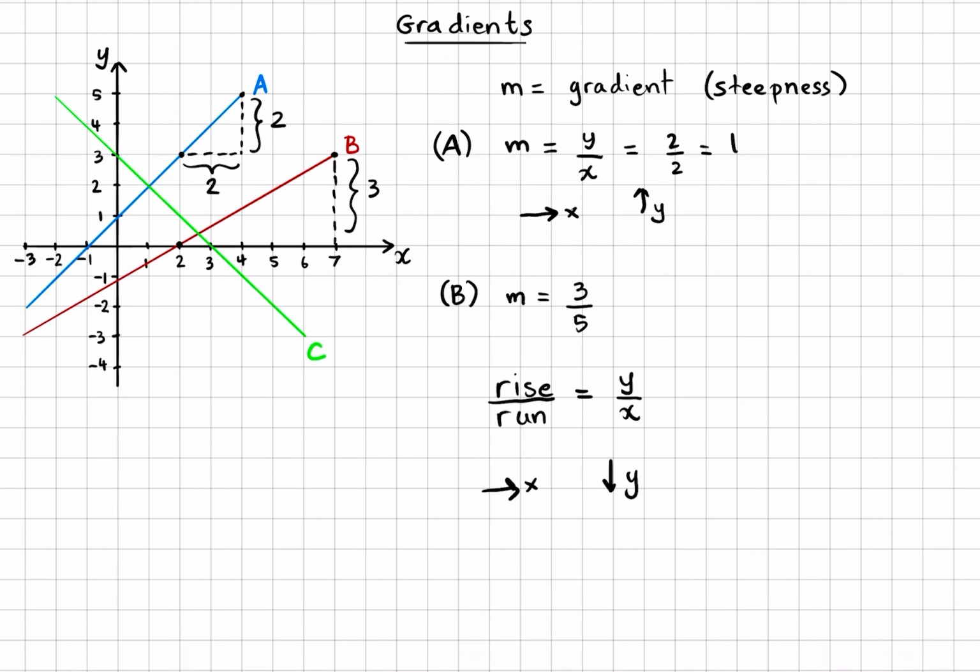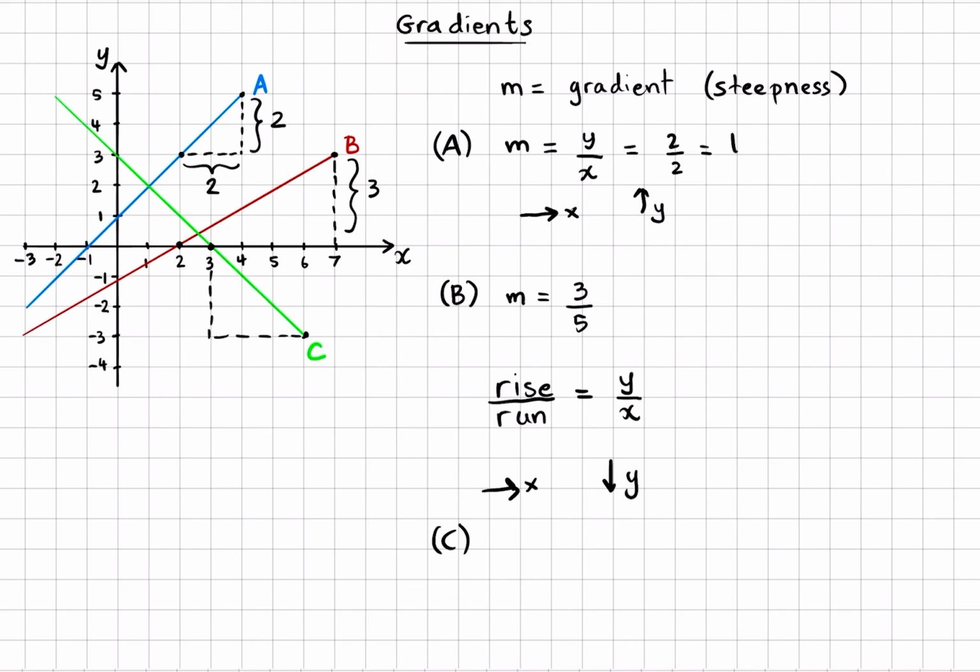So I'm still going to find 2 easy points. Here's one. Here's another one. Still make my triangle. I'm still going to count the height for y, but this time, this height, I'm going to write it as a negative.